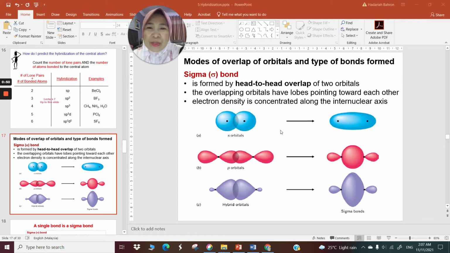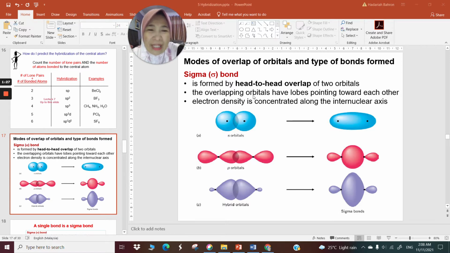So I'm going to talk about the first type, which is a sigma bond. A sigma bond is formed through head-to-head overlap of two orbitals. So when you see, for example, here, two s orbitals, one s orbital on the left and another s orbital on the right, when they overlap, obviously a sphere and a sphere is always head-to-head because it's a sphere, whichever way.